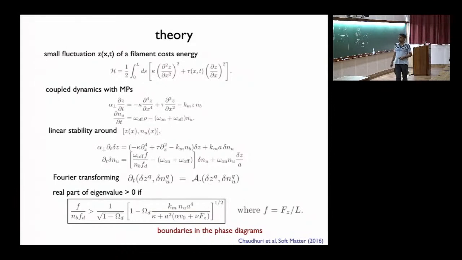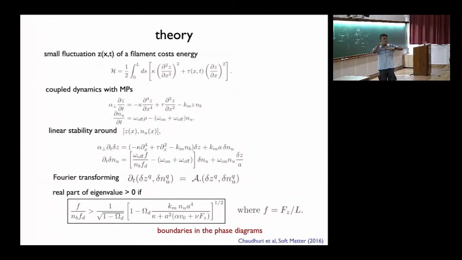Okay, so this transition again can be written down in terms of instability. So what one does is that one can write down, again start from a Hamiltonian of the filament, and this is over small deformations. One can write down this coupled set of equations for the filament's motions.